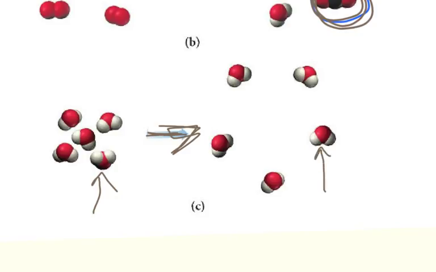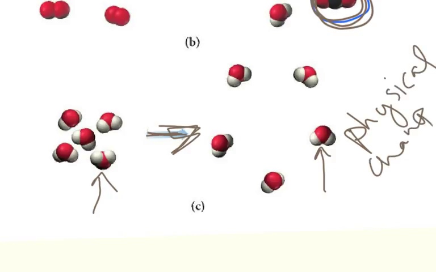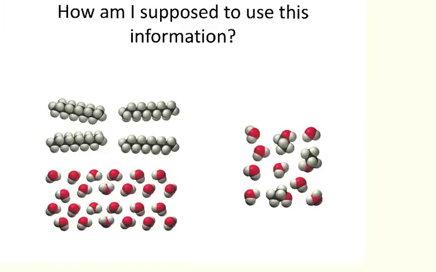So since there's no change in chemical composition, but there's a change in the proximity, how close they are to one another, we're going to say that this is a physical change. We have a physical change of a pure substance. That's a compound. Okay, so let's look at another example.